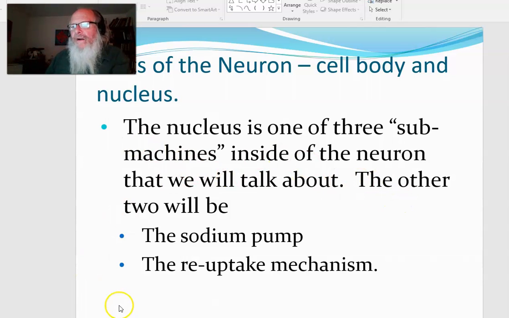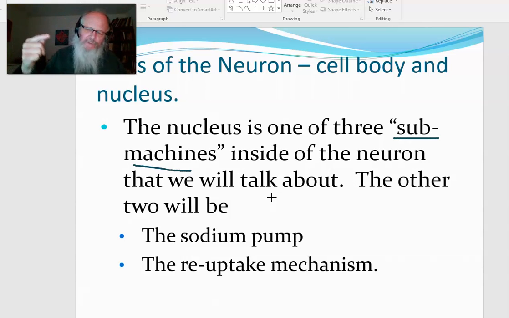So there are individual sub-machines inside of the neuron, just like if you pop the hood of your car, that do particular things. And I'd like to encourage you to think of the nucleus as one of these, and the specific function of the nucleus that we're paying particular attention to for our purposes is that it gives the instructions for what neurotransmitter to build.